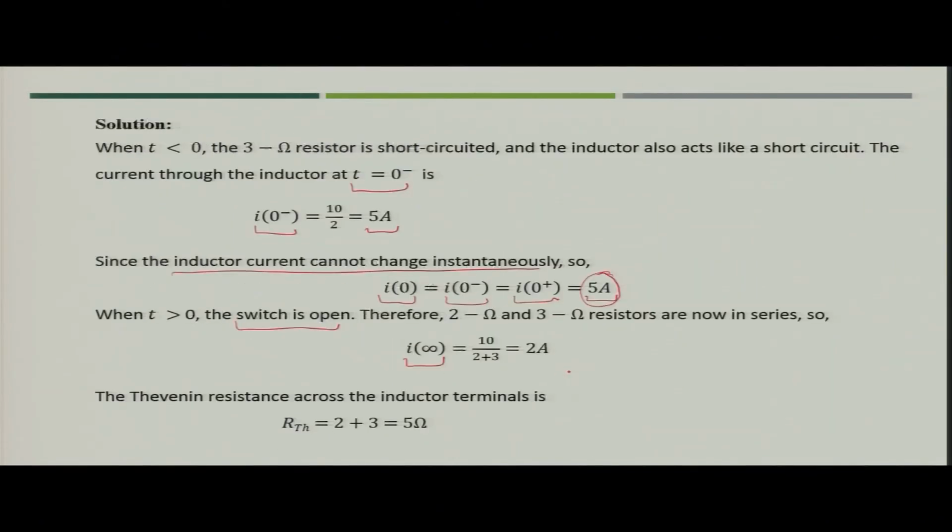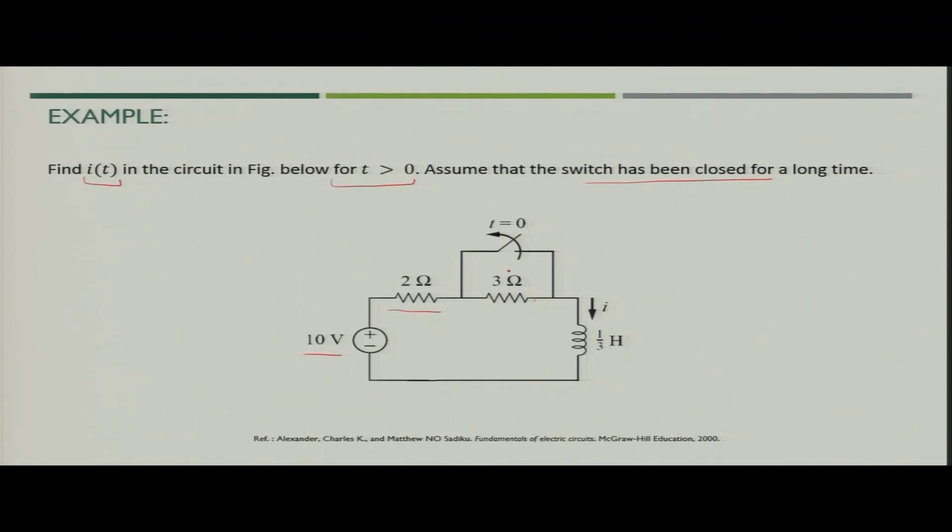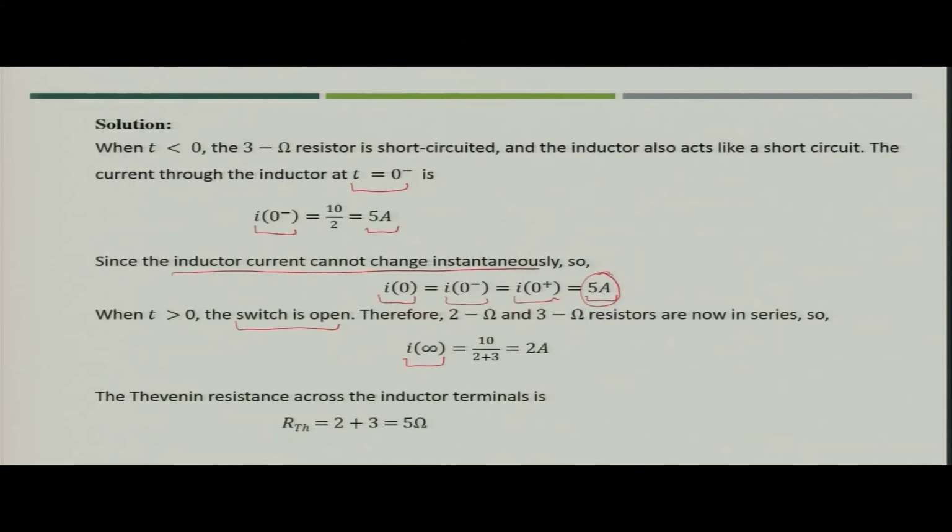If you see this figure, and if you apply the voltage for a very long duration with the switch open, the inductor will again be short circuited, and then the current flowing through the inductor will be driven by the series combination of 2 ohm and 3 ohm resistances. So, in that case your I infinity would be nothing but 2 ampere.